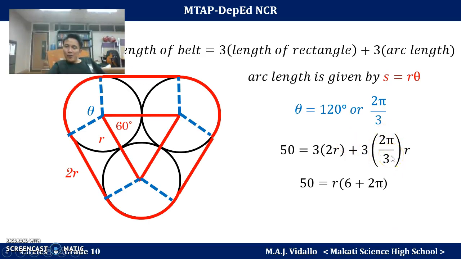So therefore, we have 50 equals r times 6 plus 2 pi. I already factored out r here. And if I solve for r, we simply divide. So r is equal to, dividing by 2, 25 over 3 plus pi. So that's it. We already expressed the radius in terms of pi.